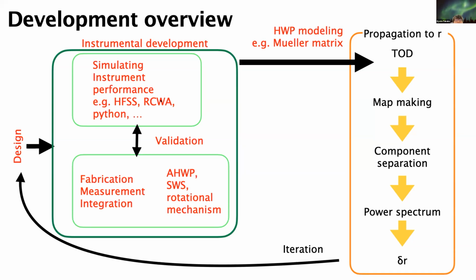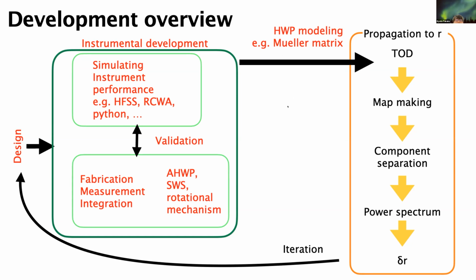We design the half-wave plate model, simulate the optical performance using proper calculation methods, and validate the model by publication and measurement. Then we can use the values of the half-wave plate, for example the Mueller matrix, for the TOD data.